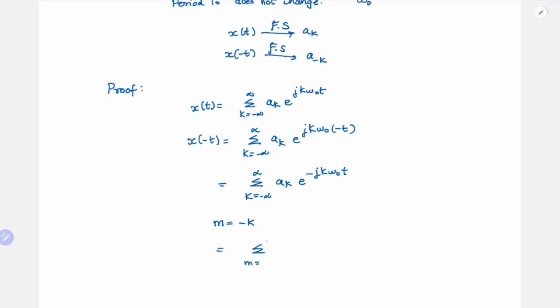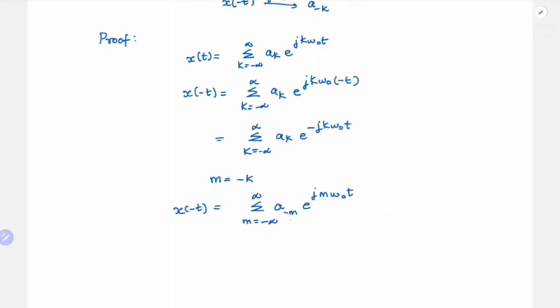Then our summation will be from infinity to minus infinity, but since it is a summation, the direction of counting doesn't matter. And I'll get a minus m here, because k is equal to minus m, and e power jm omega naught t.